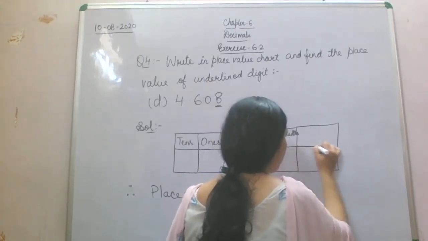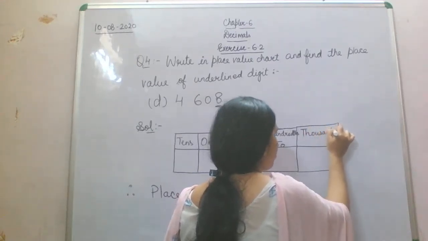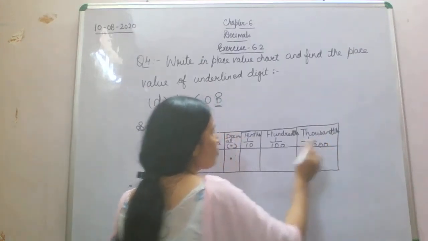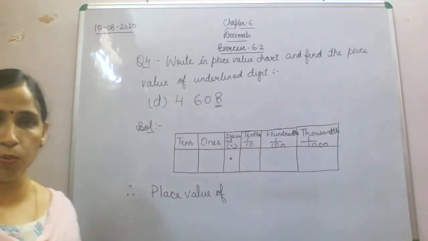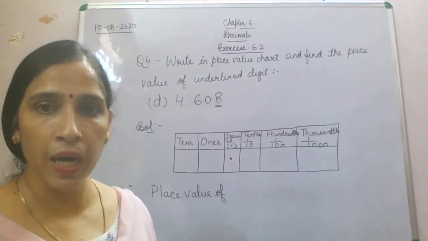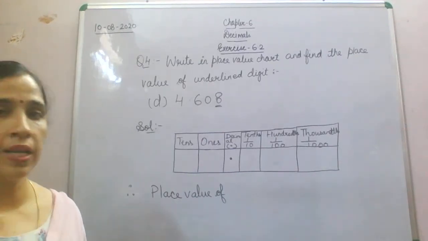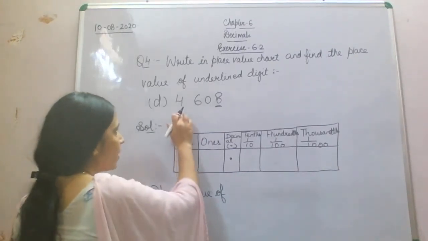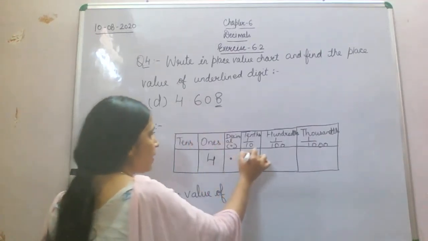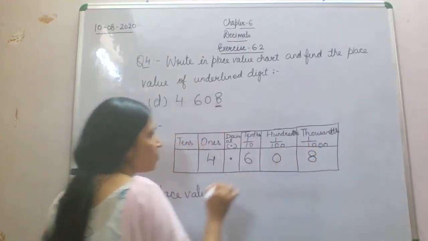Why should I increase one more box? Because here we have been given the thousandths part also. So let's start this question. First we write 4 on ones place. Then on tenths place we write 0, then on hundredths place 6, and on thousandths place we write 8.